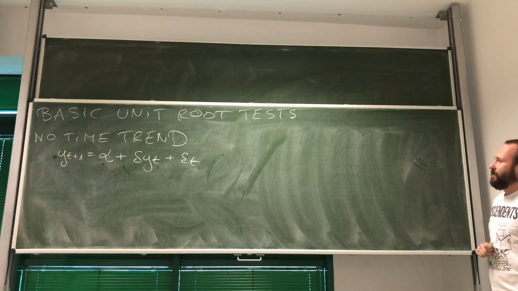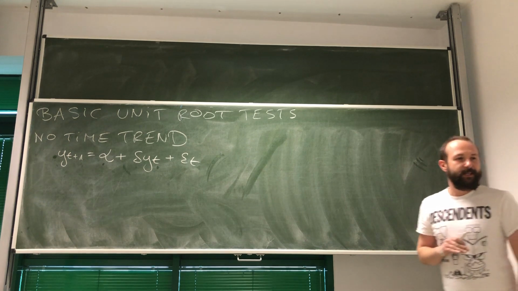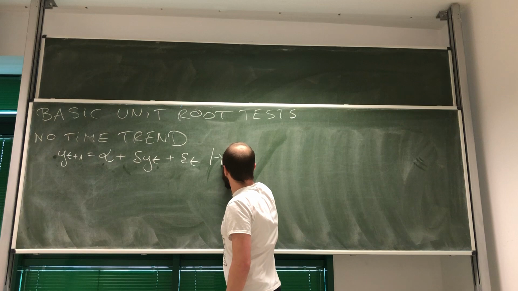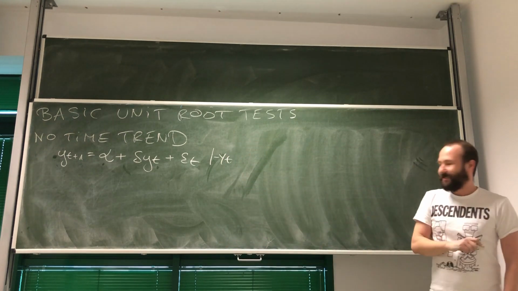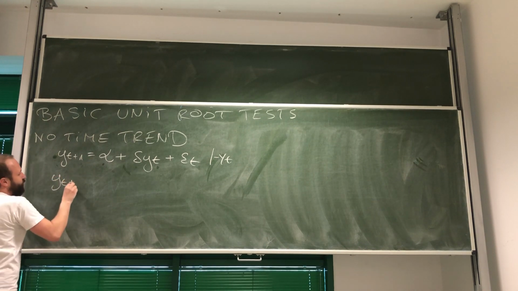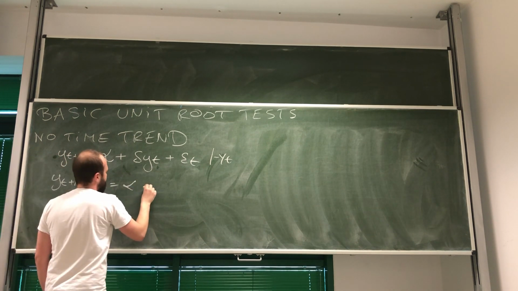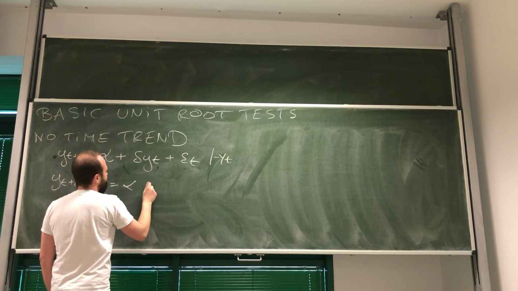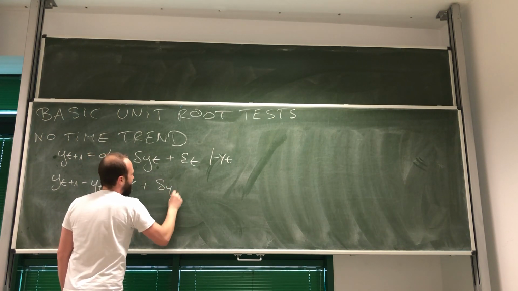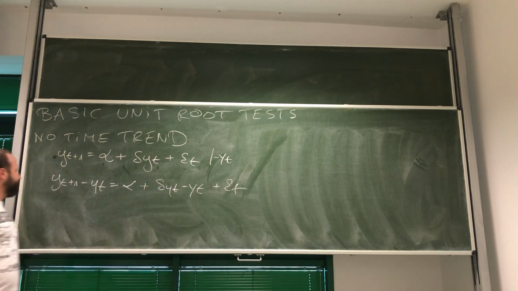In fact, in this case, we are dealing with random walk with drift. First, I'm going to subtract y_t from both sides of this equation. So what am I getting? y_{t+1} minus y_t equals alpha plus delta y_t minus y_t plus error.